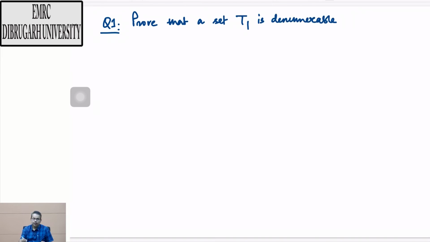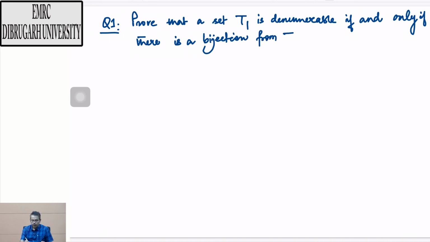The first question would be, prove that a set T1 is denumerable if and only if there is a bijection from T1 to a denumerable set T2.